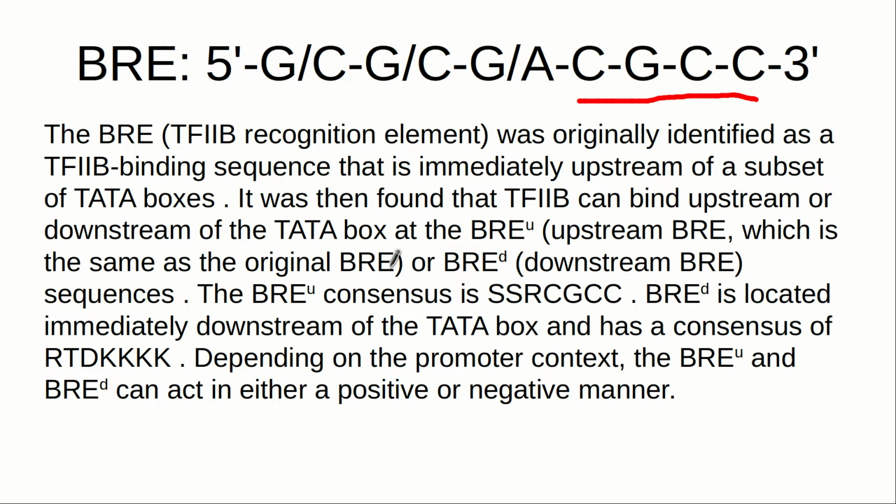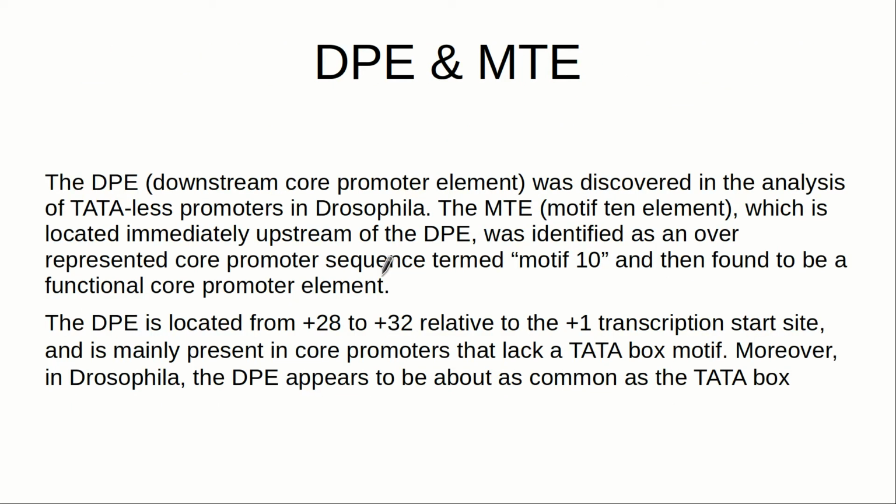Realize you may or may not have a TATA, and one is upstream and one's downstream. You usually don't get both. DPE, this is something that you may or may not find, but you need to look for. This is motif 10, and this is in Drosophila. Not sure you're going to find that, but go look for it anyhow.